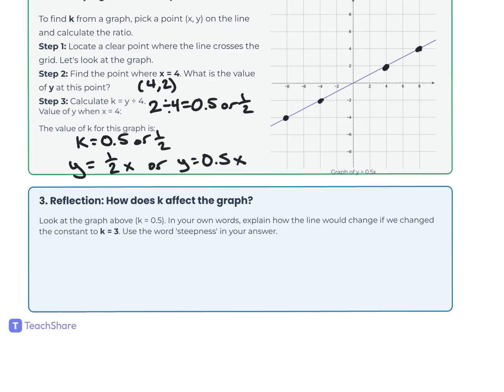And so that k equals 3 would make a much steeper line. You're going to see it rise or look a lot sharper when we're looking at that change.